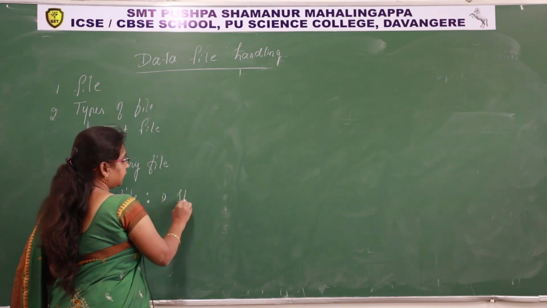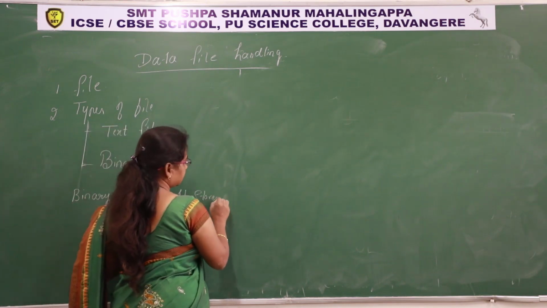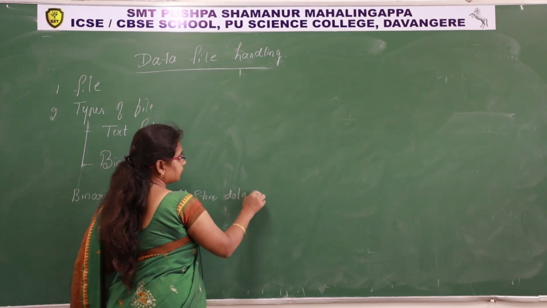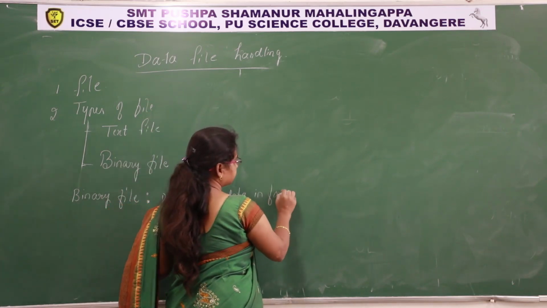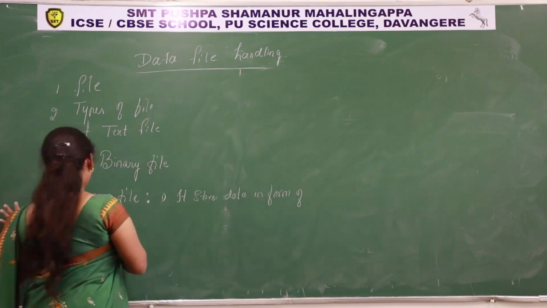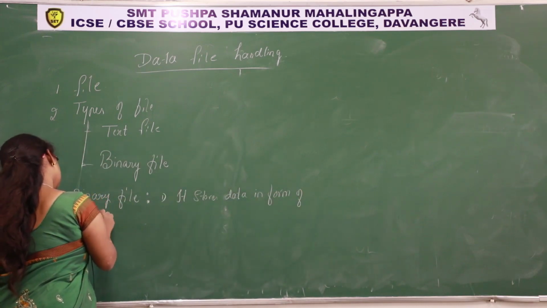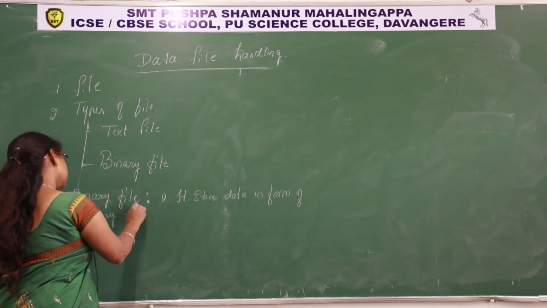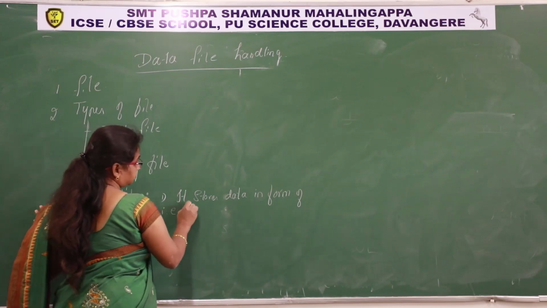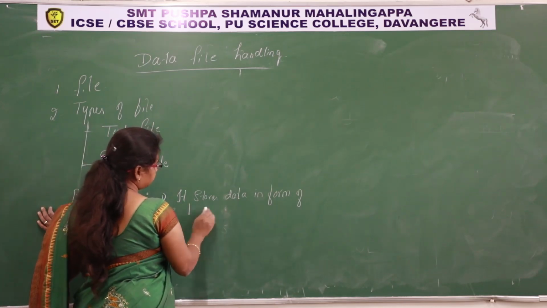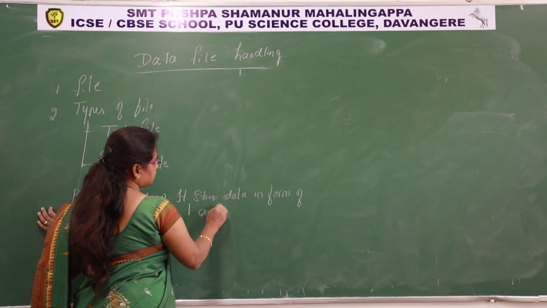First point, it stores data in the form of binary values, that is 1 and 0.